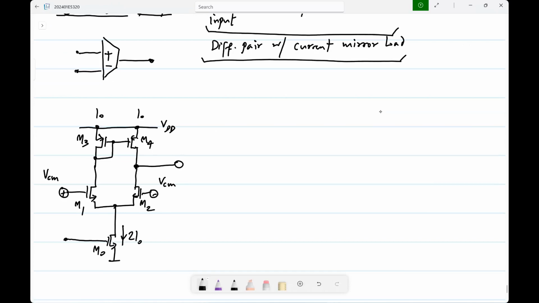And from there we can form the equivalent and so on. And let's say this is the large signal output VO. So first is the DC incremental small signal picture.